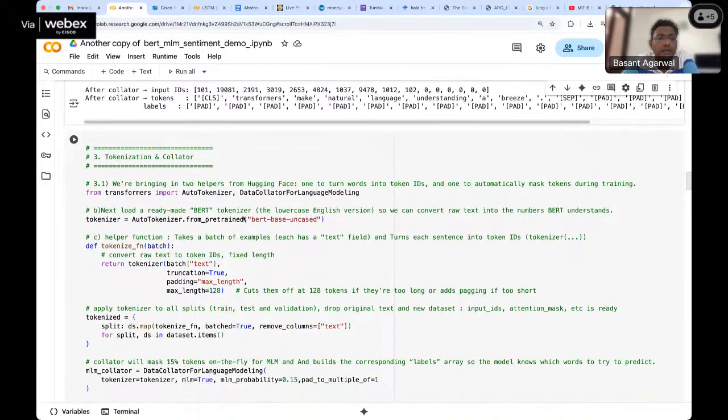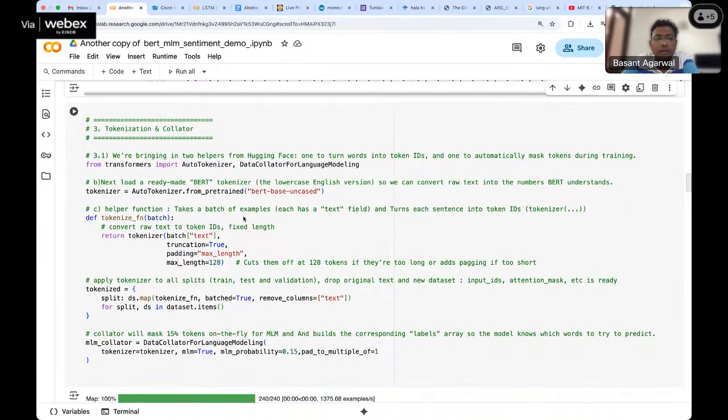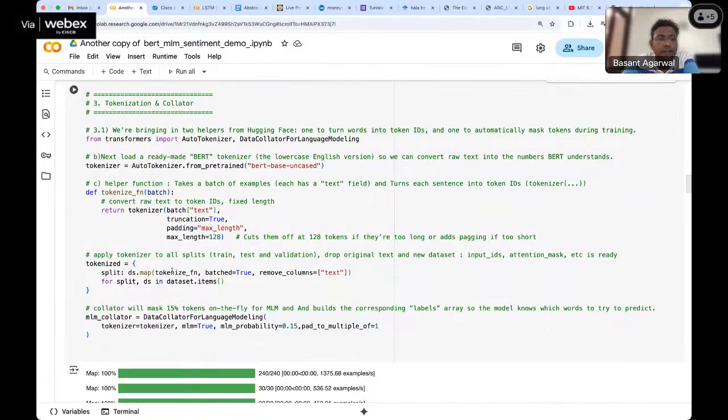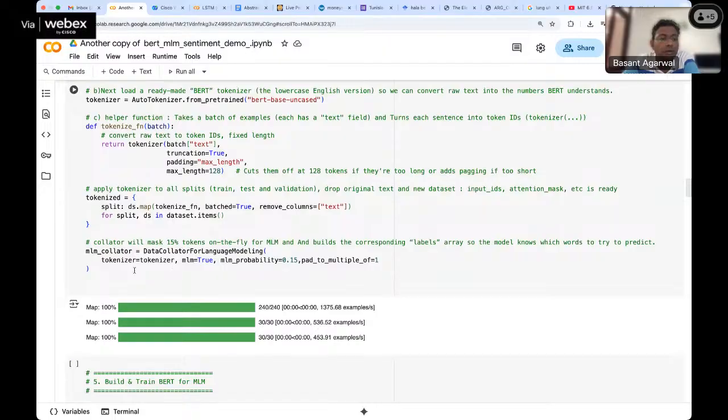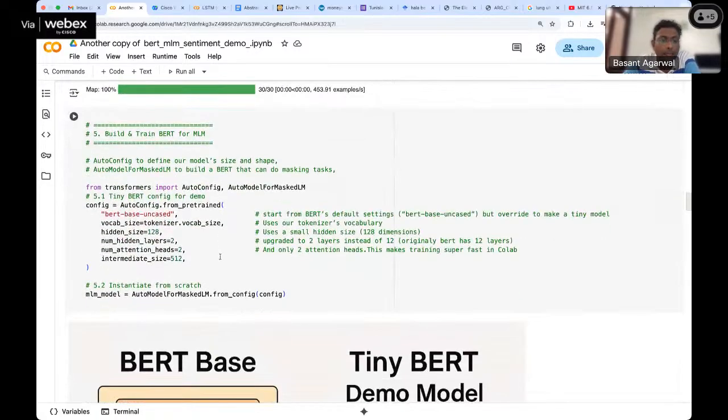So third is tokenization and the collator, which we already discussed. This is just for showing you another example, but I could not run this now because it takes a lot of time, and the notebook is disconnected. But you already have this notebook with you, so you can just run it in your system and you will be able to see the masking also.